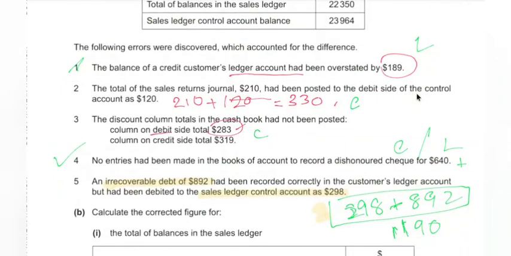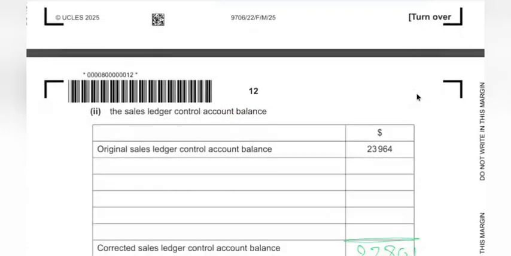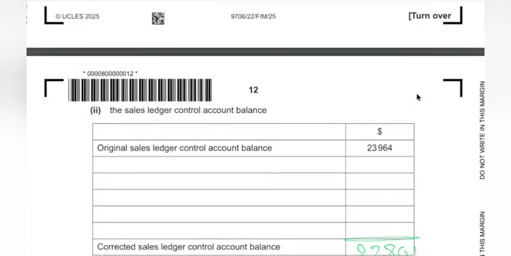So this was your number 2. This was the amount of 330, and these were the sales return. So sales returns were wrongly recorded on the debit side. So putting them on the credit side, it will reduce the sales ledger control account value.